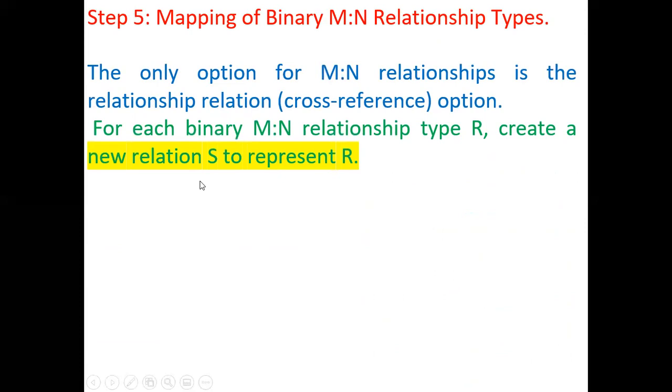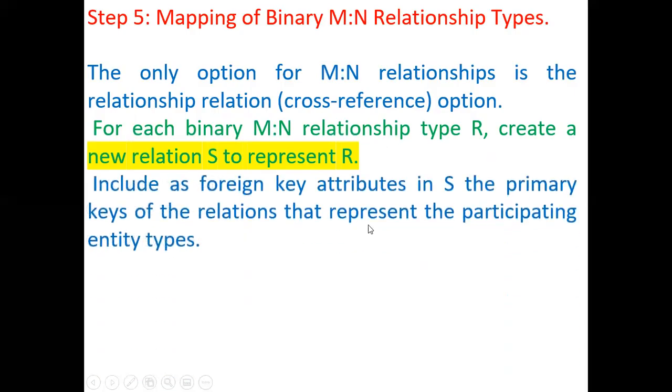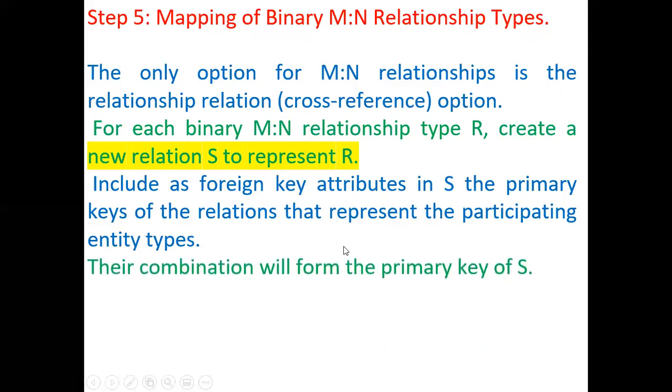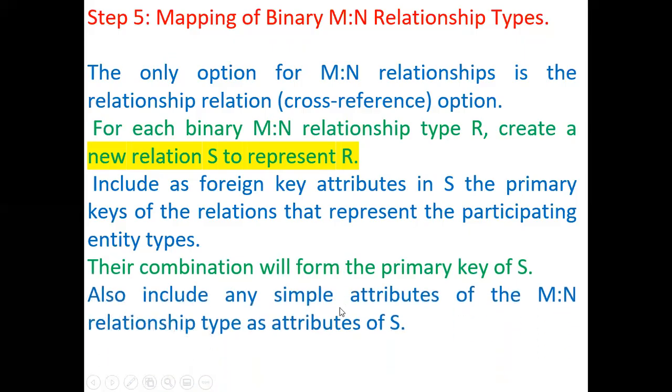We need to create a new table for the M:n relationship. Then what are the attributes we need to add? Attributes should be the primary keys of the participating entity types and the attributes of the particular relationship. That is, the combination of participating primary keys will become the composite key, and they are the foreign keys.